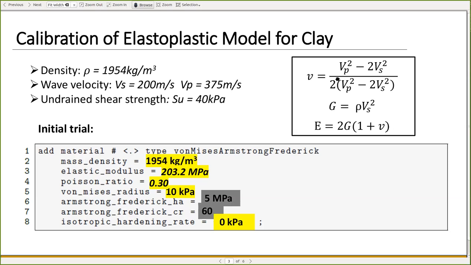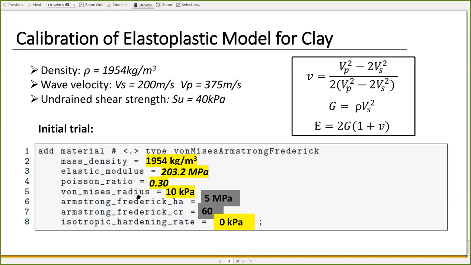First we can calculate the two elasticity parameters, the elastic modulus and Poisson ratio, through these conversion equations from elasticity. From VP and VS, we calculate the elastic modulus as 203.2 megapascal and the Poisson ratio as 0.3.